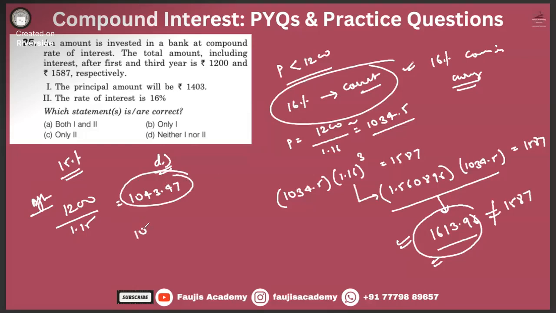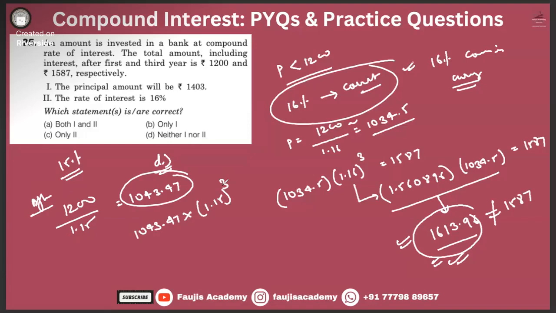This assumption is because we are just assuming that if it is 16%, it is shooting up to this number, then we might find our answer at 15%. Now this value will be multiplied by 1.15 whole cube.